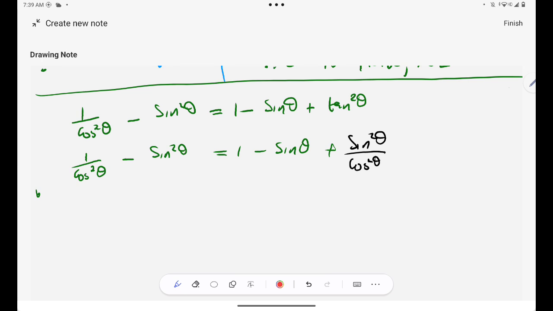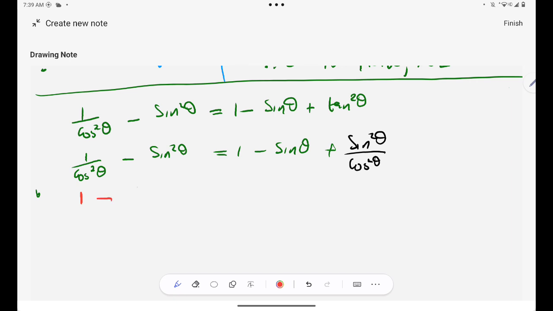Okay, we can all see that we have an LCD here, which is cos squared theta. If we are solving an equation and we have fractions, I don't want to solve equations with fractions. That means I must multiply each and every term with the LCD. If I multiply 1 over cos squared with cos squared, I'll simply get 1, because the cos squared will cancel one another rather.